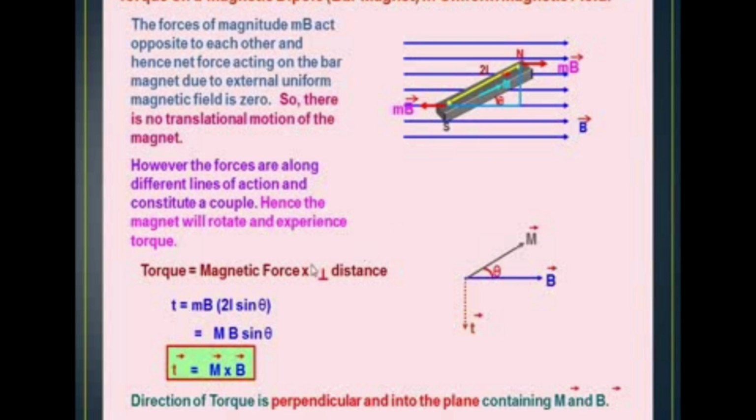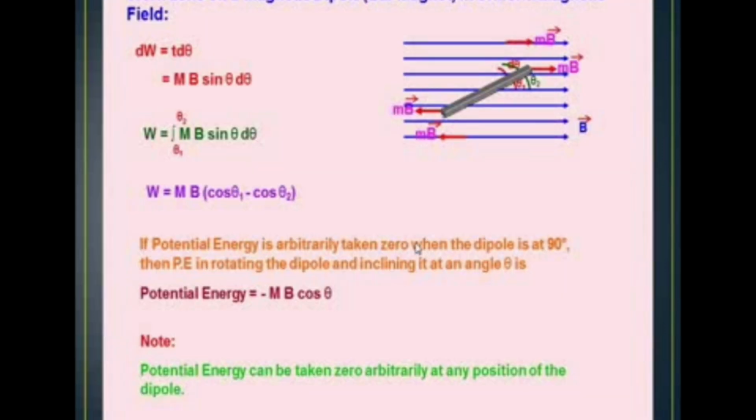This distance is equal to 2l sin theta. You know how we calculated that value. So mB sin theta. Here capital M is the magnetic dipole moment, small m into the distance 2l. Multiply the two values and we get the dipole moment M. So MB sin theta gives the torque tau is equal to M vector cross B vector. So this is in a uniform magnetic field.